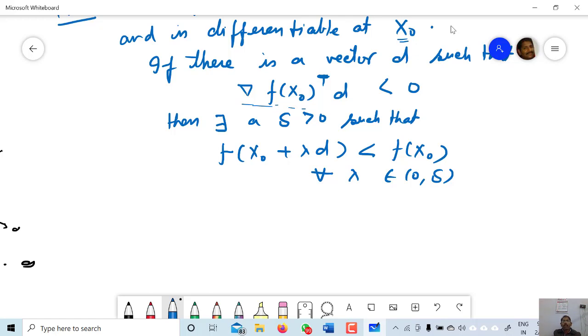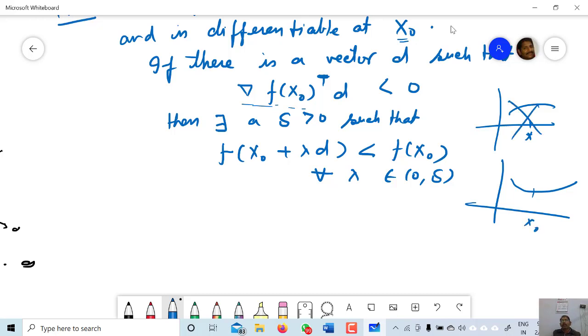The derivative tells us at what rate the function is changing at a particular point x0. So if x0 is the point, like a minima, let us draw it like this. So this is the point x0, and at this point its derivative must be 0. So we find the derivative of the function, the gradient at x0.